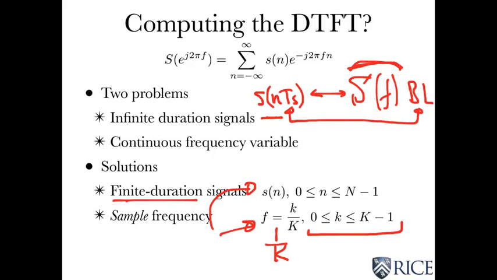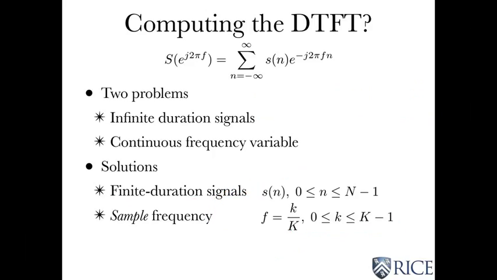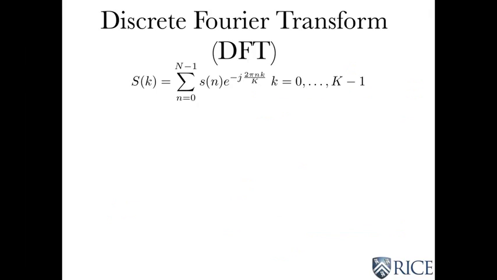So we can sample this spectrum for when the signal is finite duration with no error if we make the sampling rate fast enough. We want K to be big enough so that we can get back the original signal from the sampled spectrum. So the question is, how big does K have to be? Well, I'm not going to appeal to the sampling theorem.